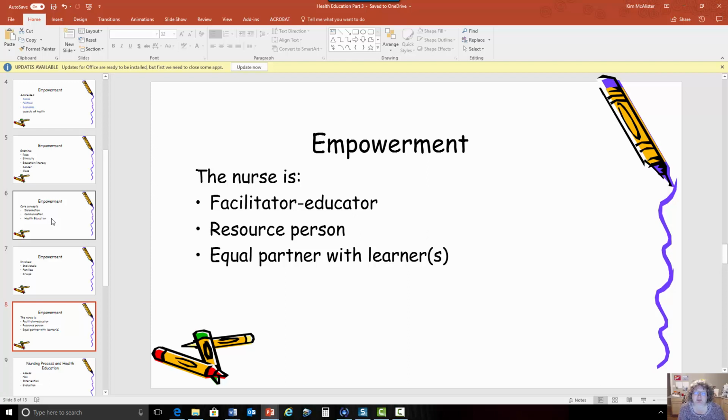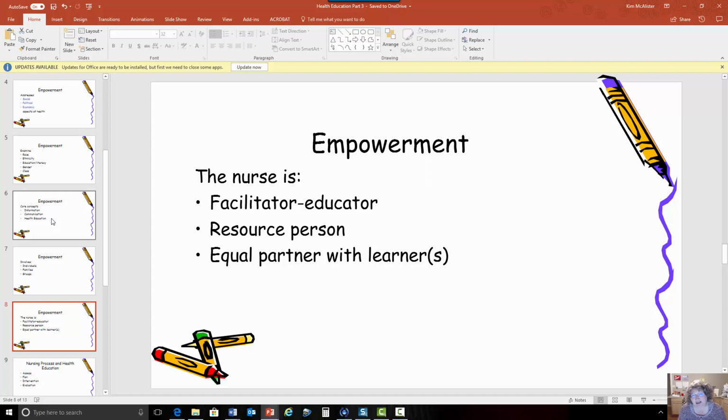To fully empower someone, you have to meet with them, find out what their needs are, what they're looking for, what their educational level is, and all the information and factors that we've already talked about, and then determine with them the best way to give them the information and to actually isolate and decide what information they want.